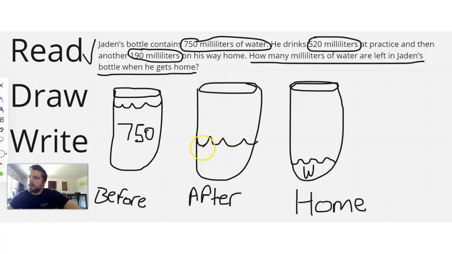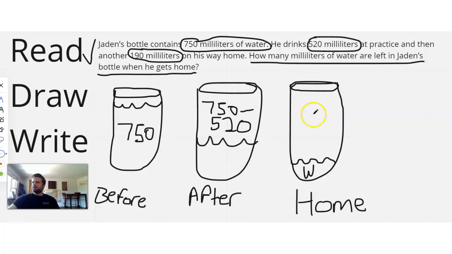And so this after practice number is going to be what he started with, 750, minus how much he drank, which is 520. So 750 minus 520 milliliters is going to be how much this picture represents. And then finally, this number minus another 190.